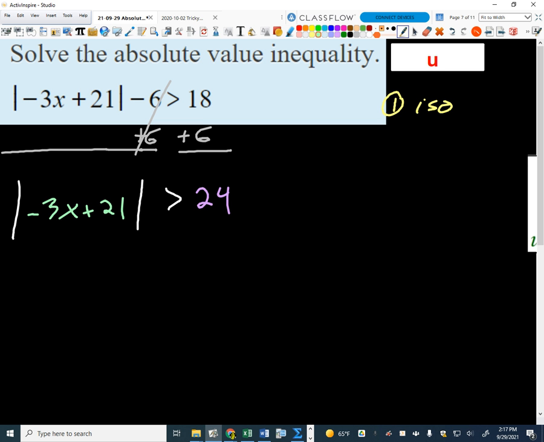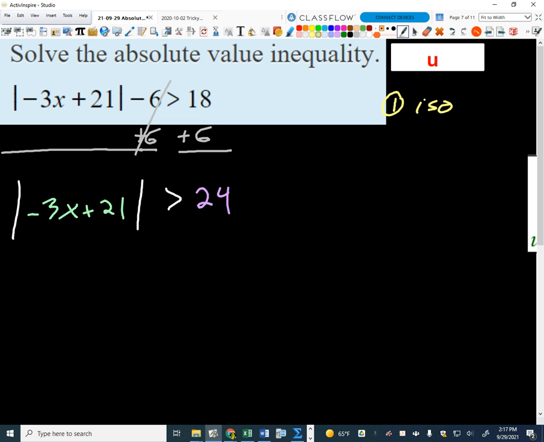So what's my pattern then? What do you think? Somebody be brave. Tell me half of it at least. What's one of the inequalities that's going to be in my OR inequality? Go ahead. Say it again.